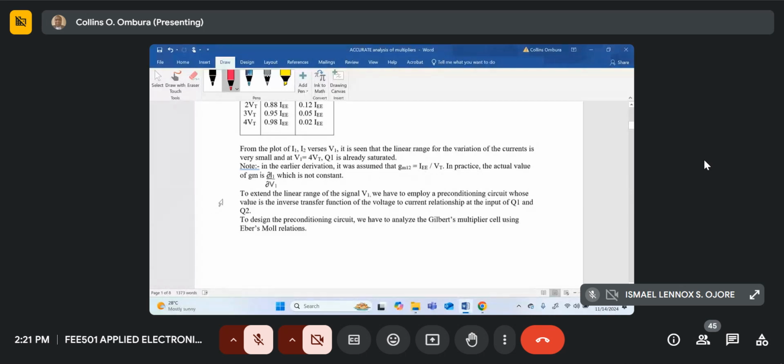I've also said here that to extend the linear range of the signal V1, because the linear range is less than 4 VT, we have to employ a preconditioning circuit whose transfer function is the inverse of the voltage to current relationship at the input of Q1 and Q2, and of course also Q3 and Q4. Remember, the differential amplifiers which are fed with the signal V1 are Q1, Q2, and Q3, Q4.